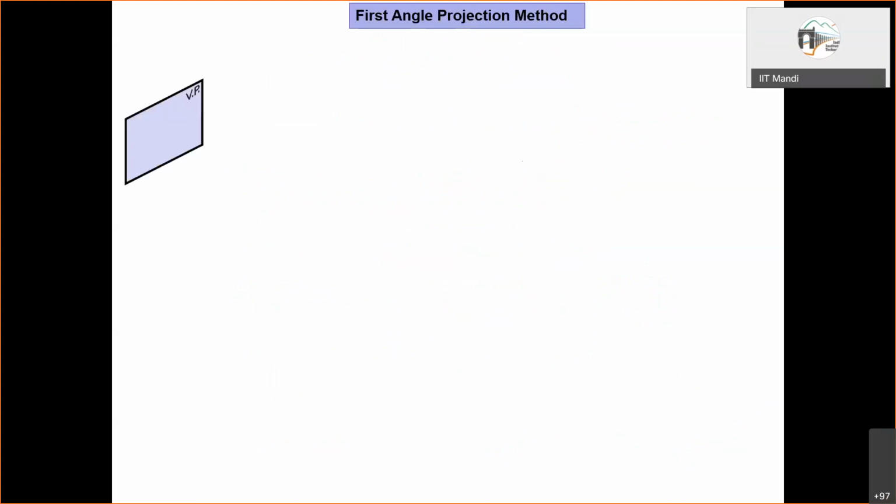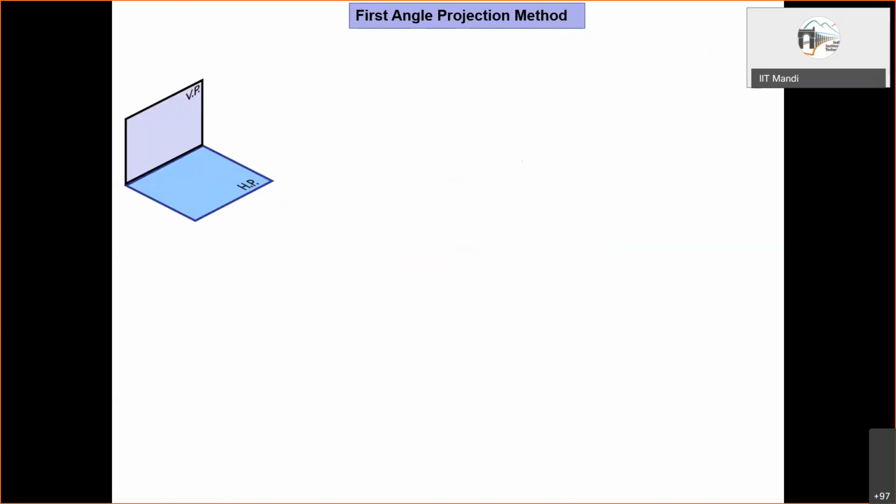Now here we could have two possibilities. One is when we assume that the object is in the first quadrant. For this case, it is referred to as first angle projection. Here this set of planes, vertical and horizontal, represents only the portion corresponding to the first quadrant.